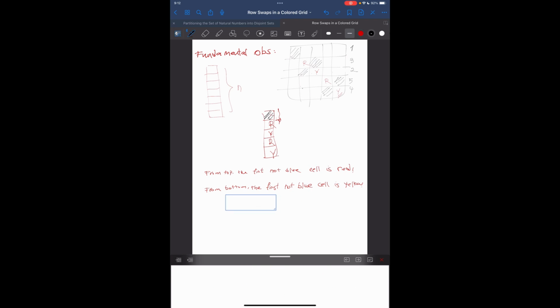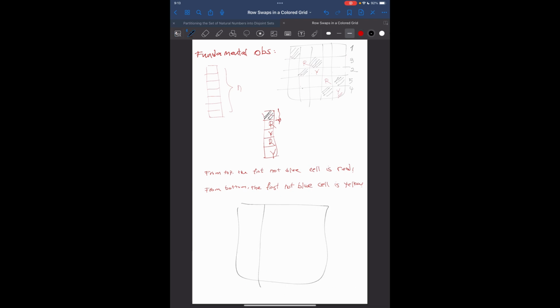So this is the grid I have. 5 by 5, and I have this, blue, blue, and here I have something not blue. And the question is, is this red or yellow? And notice that I've already used 1 and 2, and the third one, assuming that it's not 3, is either 4 or 5. It cannot be less than 3, right?